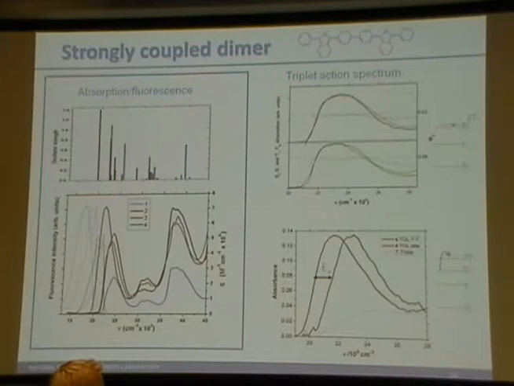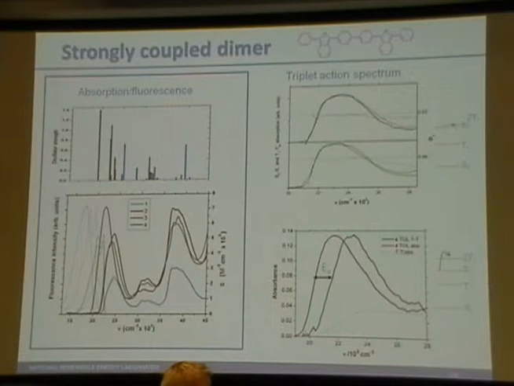On this scale, it doesn't look like much of a shift, but it's actually quite a significant shift, and the emission is quite different. So initially we thought, well, that could be a good thing. With the weakly coupled dimers, less than 20% triplet yield, that's not very good. Maybe we just need to couple them more strongly together, get some of those matrix elements to be bigger. That would be the right thing to do. So initially this seemed like a good idea.